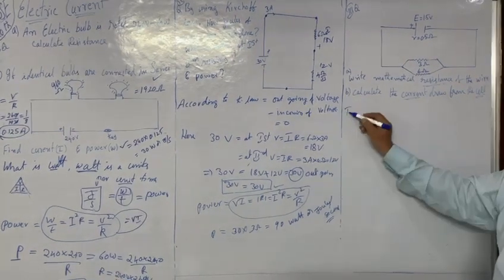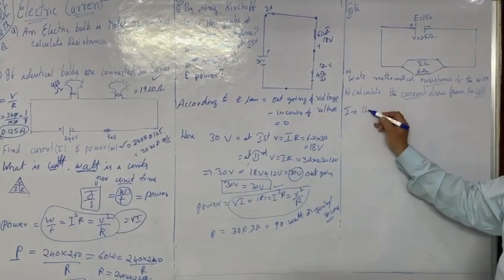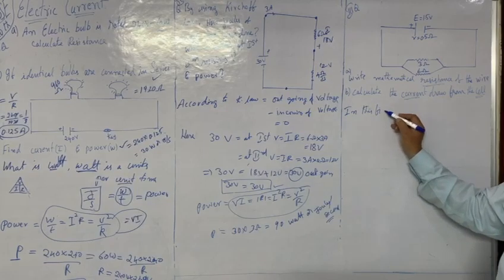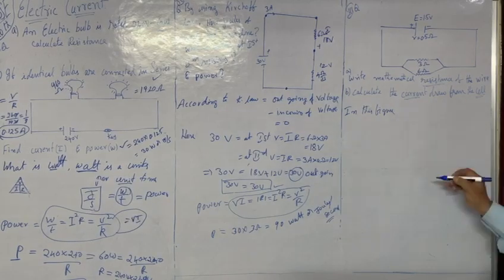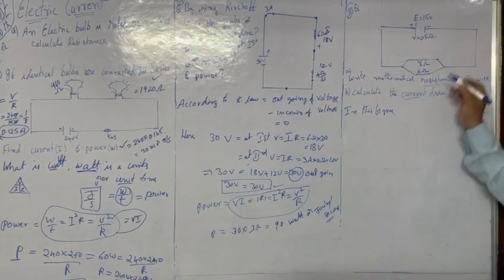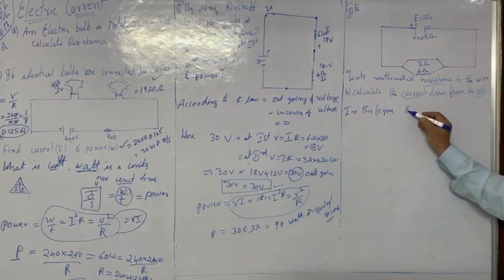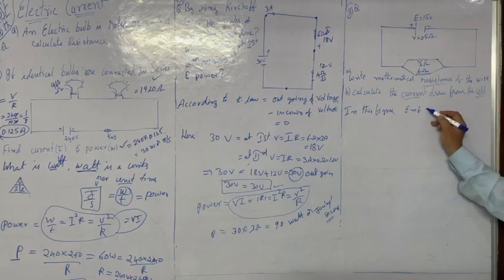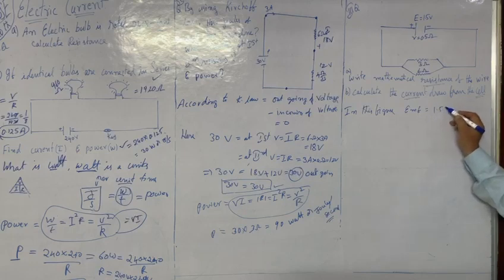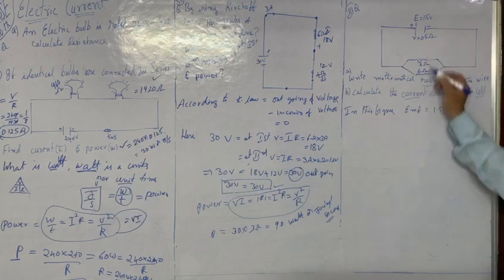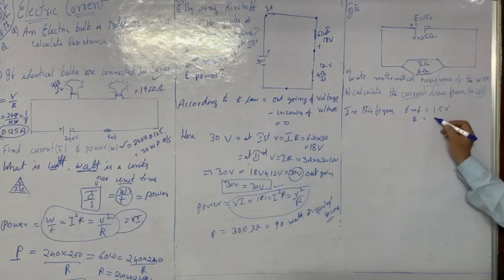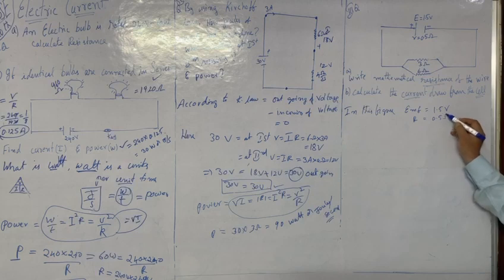Now, in this figure, write and practice it. E means EMF. EMF is given as 1.5 volts, and resistance R is equal to 0.5 ohms.